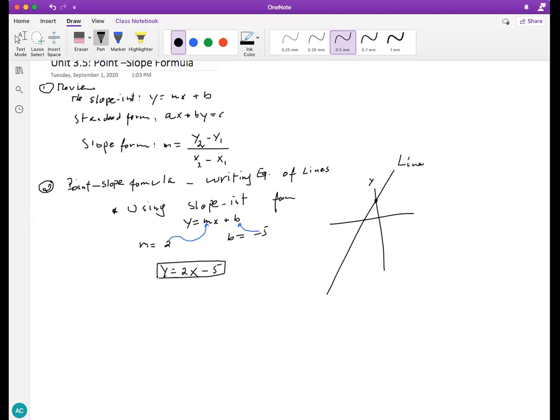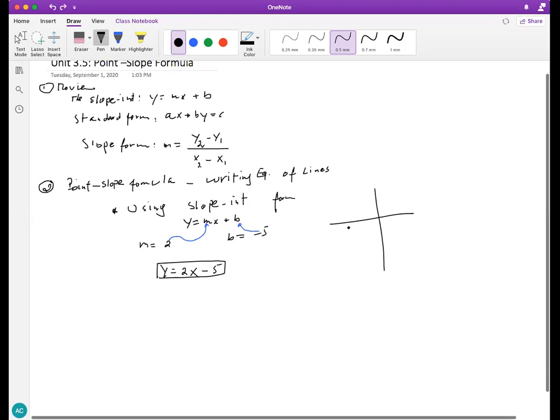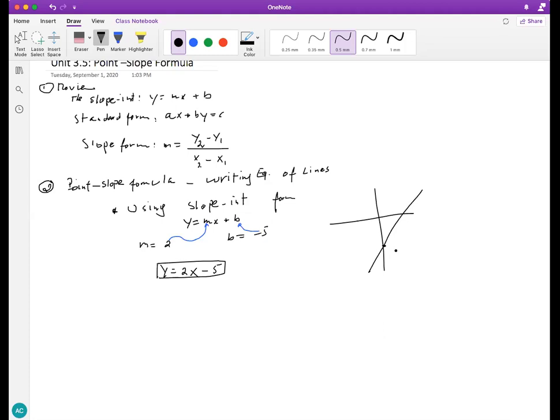That's what we call the y-intercept, or the b, this point. Or for instance, in this case, let's say -5 is here. This is not exactly the line of this, but it has to go through -5. So the b we talk about here is this point here.